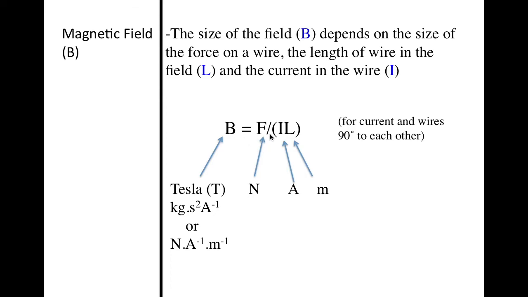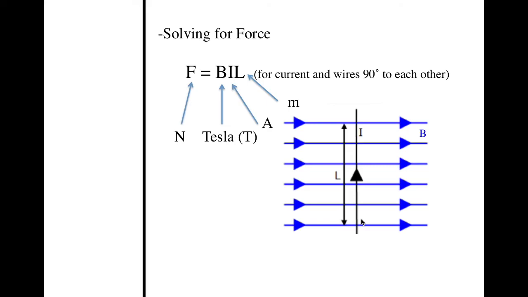B equals F divided by IL, where B is in Tesla, and Tesla can be broken down into these units of measurements, where F is the force in newtons, I is the current in amps, and L is the length in meters. If we were to solve for force using the equation from the past slide, we would get F equals BIL.